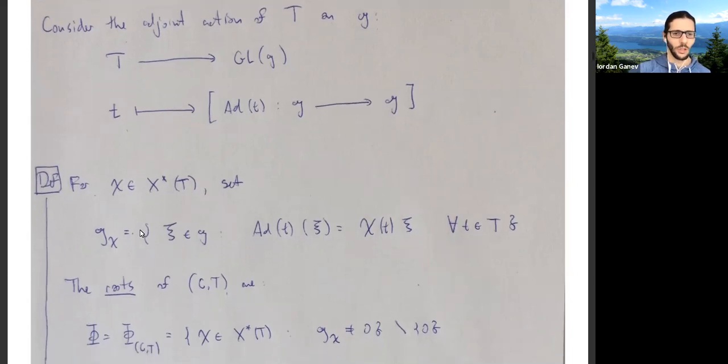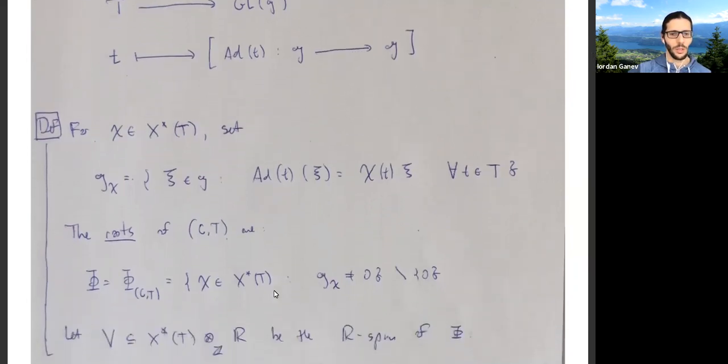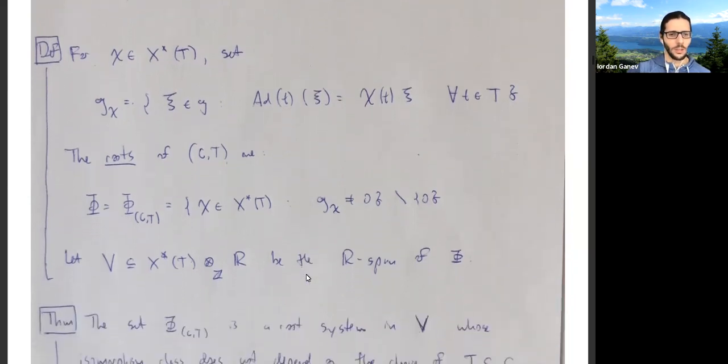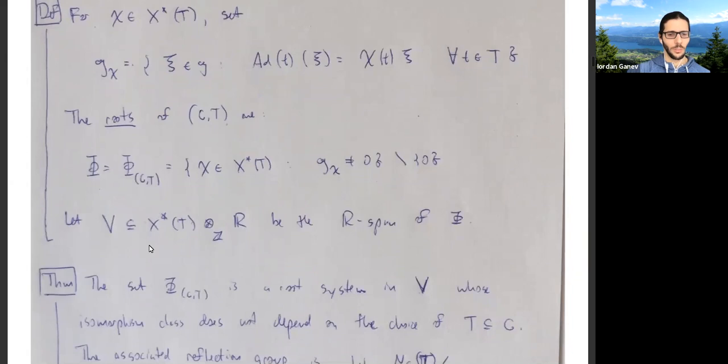So g will be the direct sum of these g_chi's, and the roots of G with respect to T, we still need to choose a torus T, but everything will be isomorphic if we choose a different torus. The roots are the non-zero characters that appear in the adjoint action. We think about their span inside this real vector space.